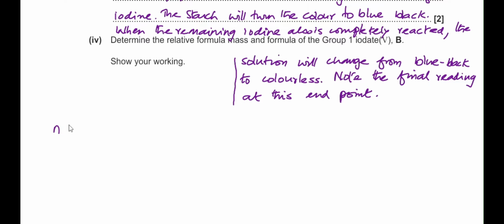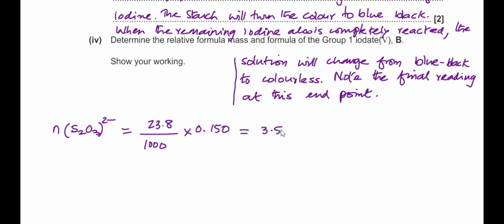Therefore, n(S2O3 2 minus) in the titration reaction will be 23.8 divided by 1000 to convert that into dm cubed, times 0.150, that's equal to 3.57 times 10 to the power of minus 3 moles. This comes from volume times concentration.